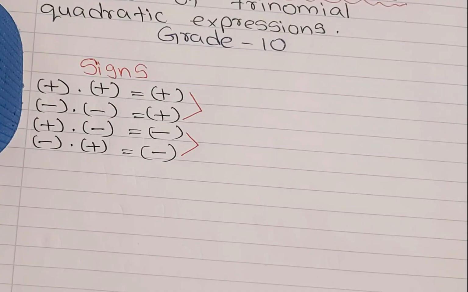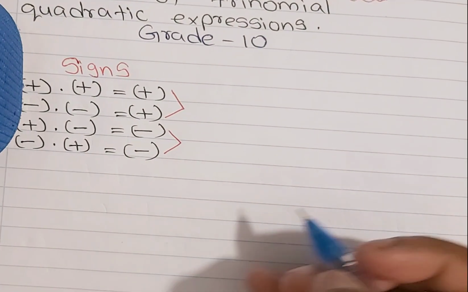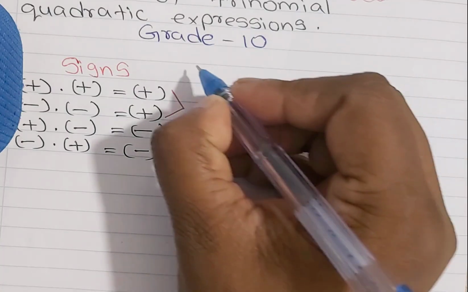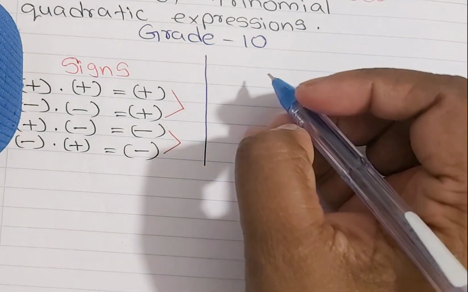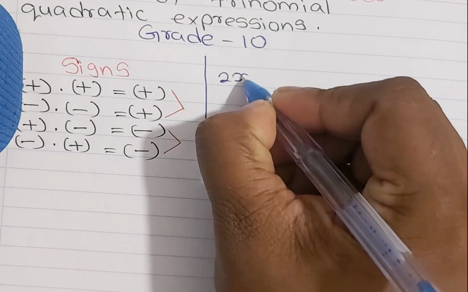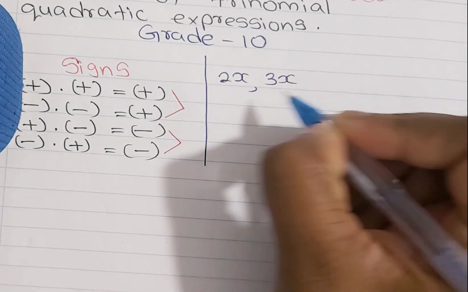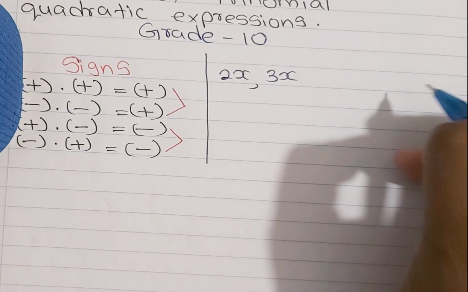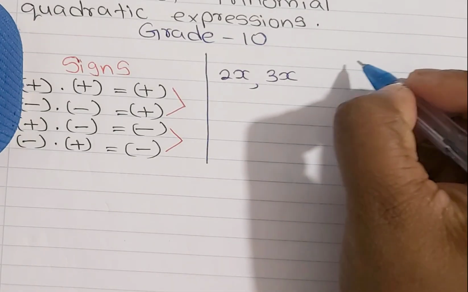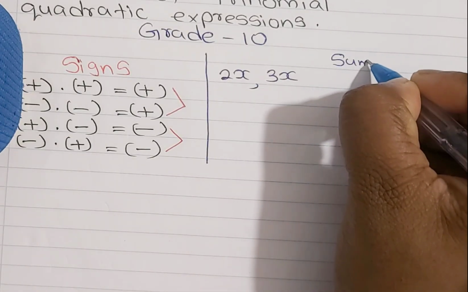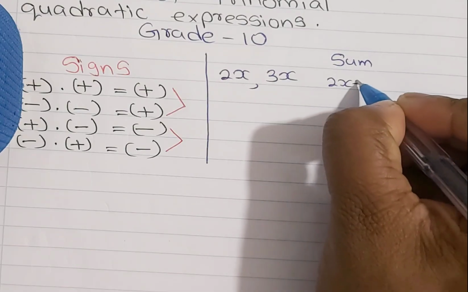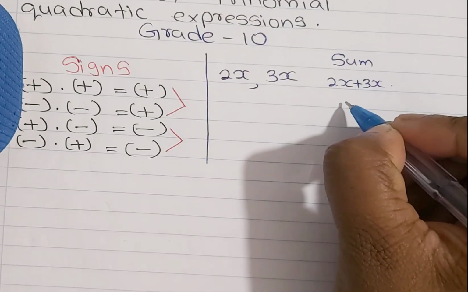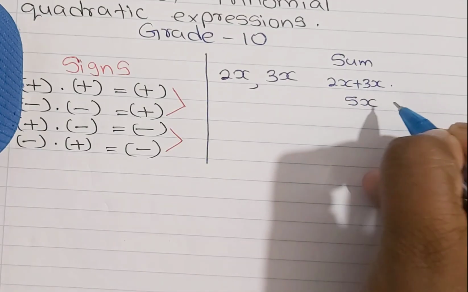We also need to study this. If I take a pair of two algebraic terms like 2x and 3x, you both are like terms, and you can get the sum. The sum is 2x plus 3x, and the answer is 5x.